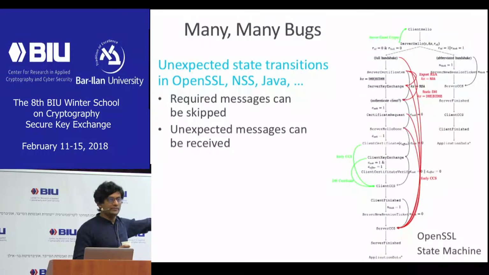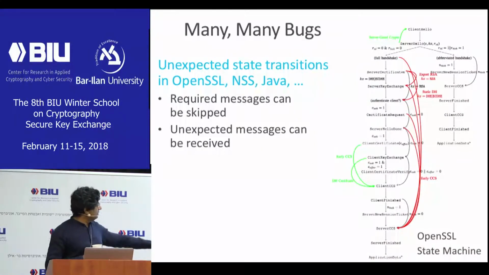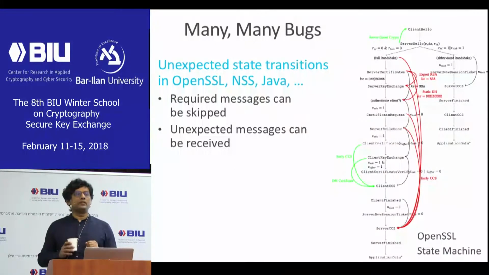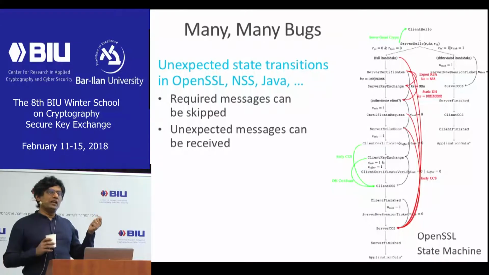It's no longer the case, but this was in 2015. All the red ones are extra transitions that are allowed on the server, and the green ones are all the extra transitions that are allowed by the OpenSSL client. These extra transitions mean that they're allowing me to send messages in an order which I think they should not allow.